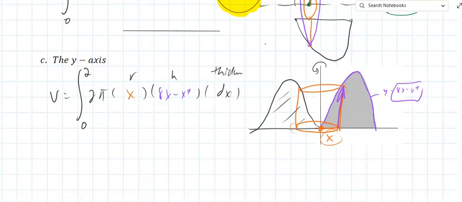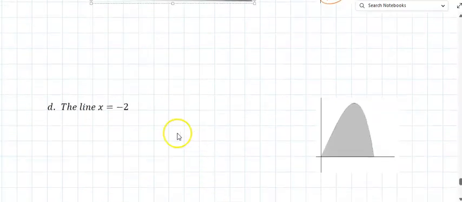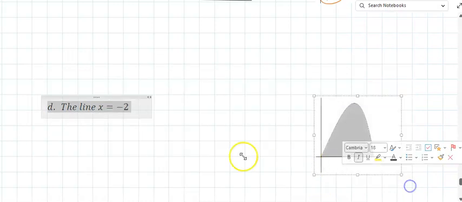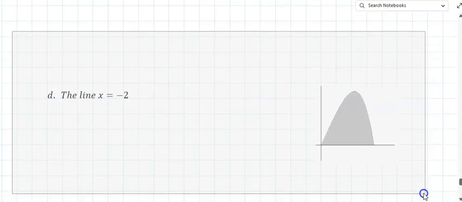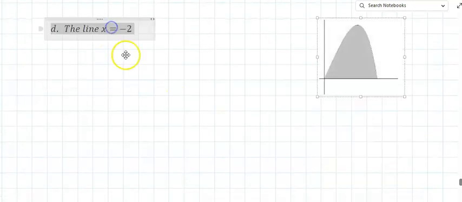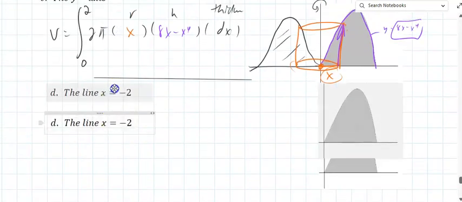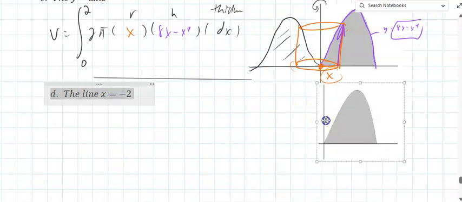Done deal. And what if I was to take that and rotate it about the line x equal -2?